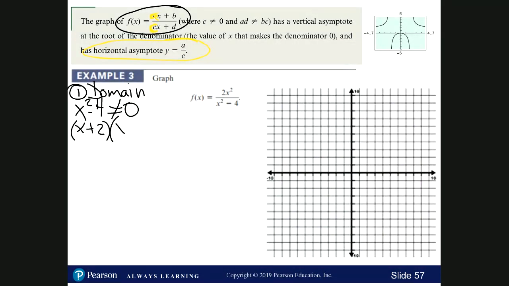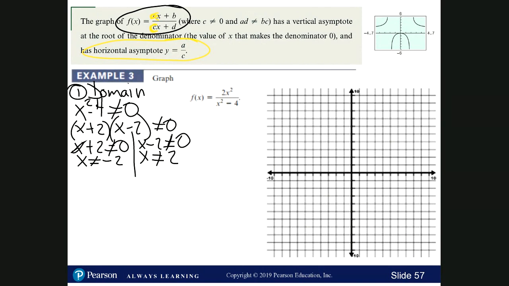That cannot equal 0. From here, by the zero factor property, we could take each factor and solve the inequality one at a time. So we'll get x cannot equal negative 2. And from the other factor, x minus 2 does not equal 0. Solving for x will give me x does not equal positive 2. So right there, those are the exclusions from the domain.